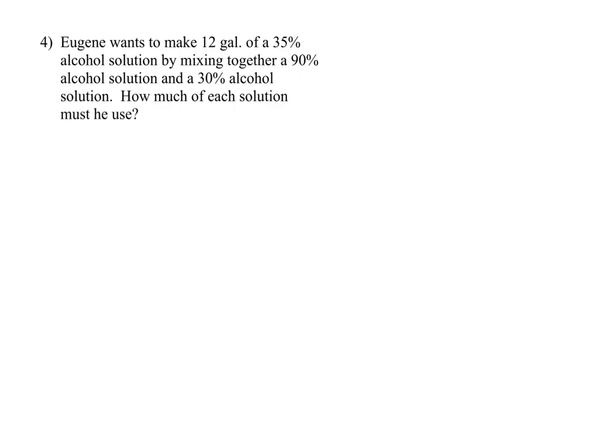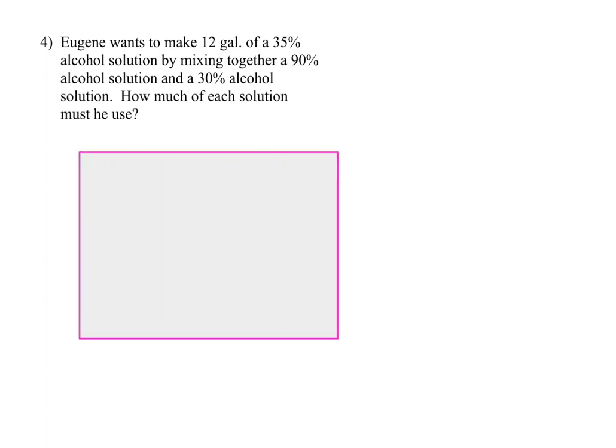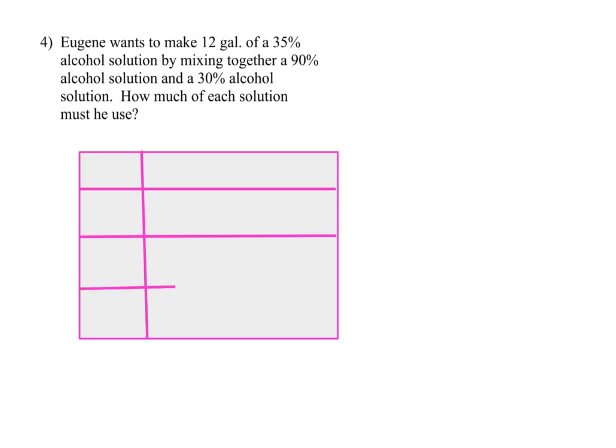All right, once again, we do want to set up a chart, but this one's going to look a little bit different, so leave a little more room for this one. You do have to title the chart. We do have 2 substances that are going to be mixed, so a first substance and a second substance.